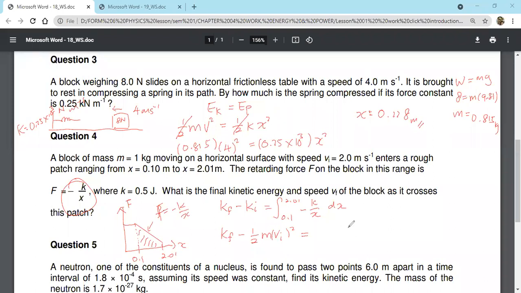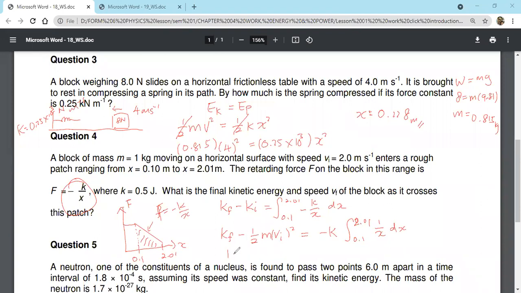I take out the k: negative k, integration from 0.1 until 2.01 of 1 over x dx.